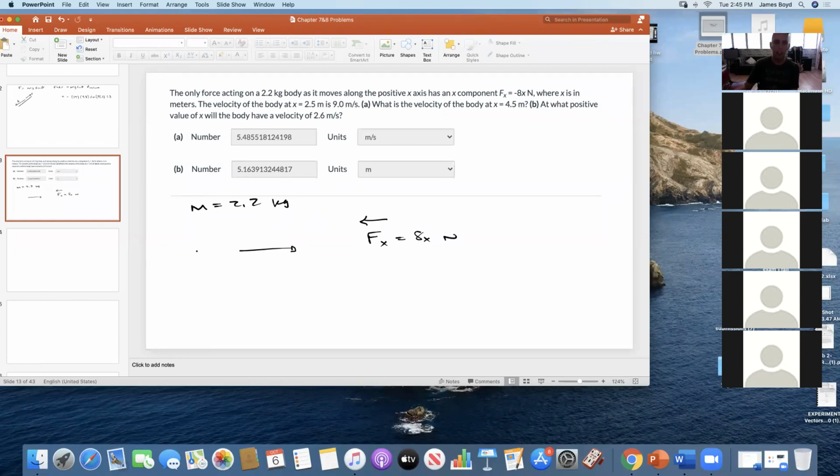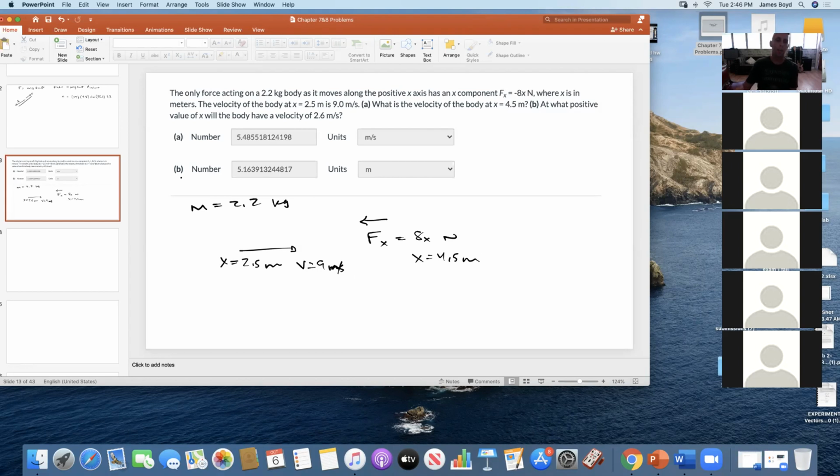And then initially it's at a position x equal to 2.5 meters, and it's moving at 9 meters per second at this point. The first thing we want to know is, with this force doing work on it, when it gets to x equal to 4.5 meters, how fast is it going?